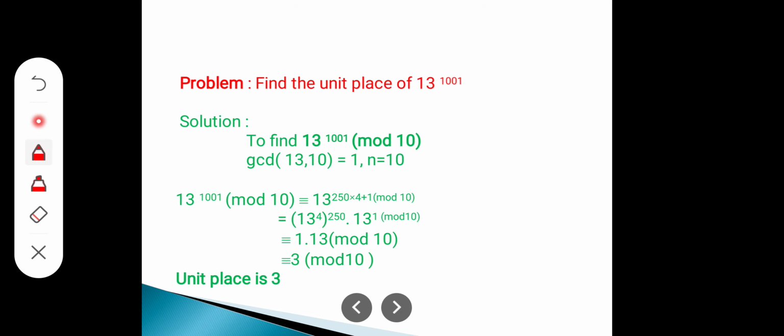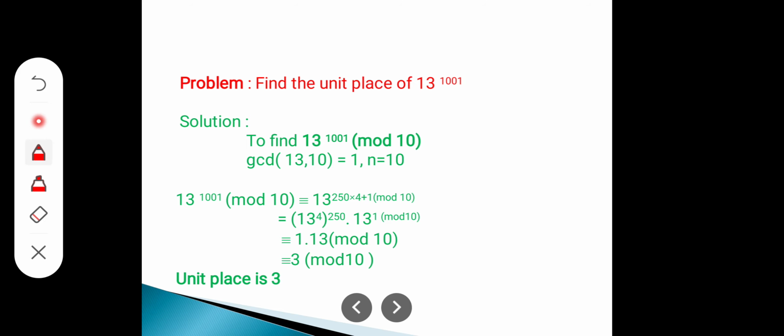Now 13 power 250 into 4 plus 1 can be expressed as 13 power 4, the whole power 250, into 13 power 1 mod 10. So here 13 power 4 mod 10 is 1, because of Euler's theorem: the statement of Euler's theorem is a to the power phi of n is congruent to 1 mod n.